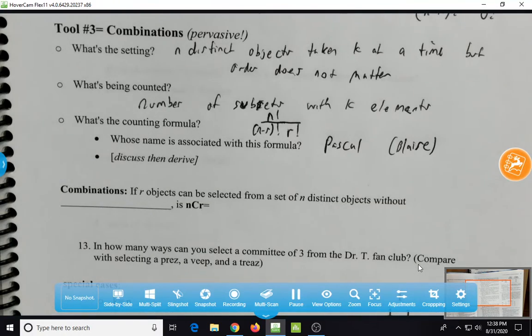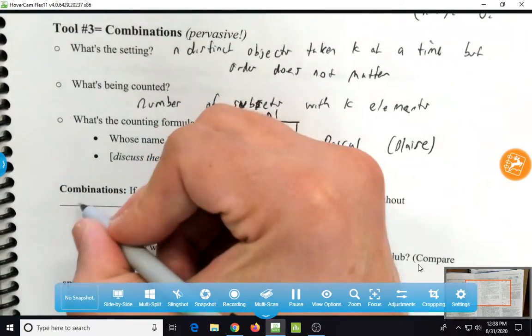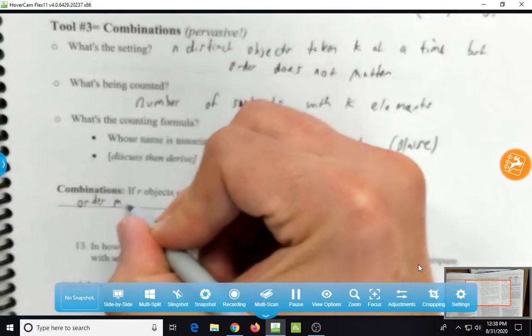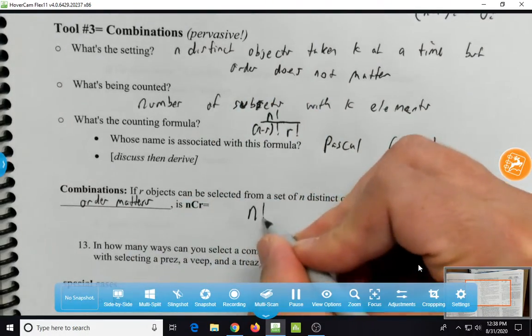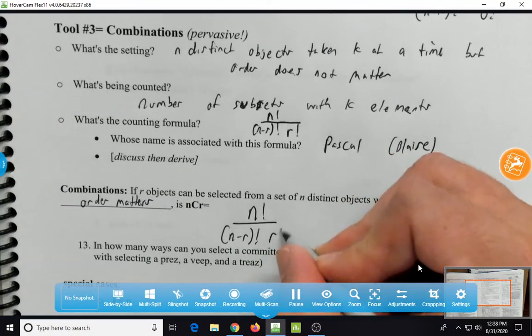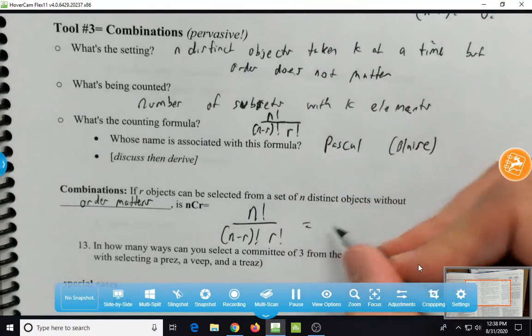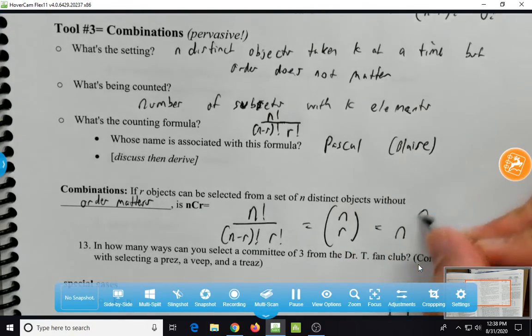So, if our objects can be selected without order mattering, then it's going to be n factorial over n minus r factorial over r factorial. And the way we write this is n choose r.